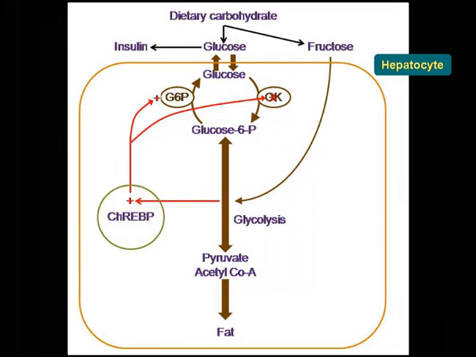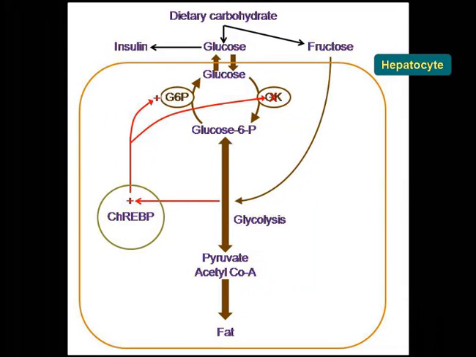This is a very old mechanism. You can actually detect this mechanism in bacteria, and it's one of the related mechanisms by which bacteria switch between different food sources. So this is very fundamental biochemistry as far as cellular metabolism goes.